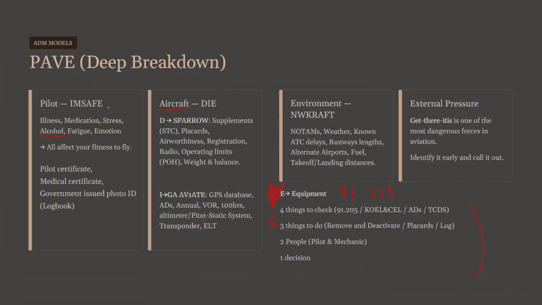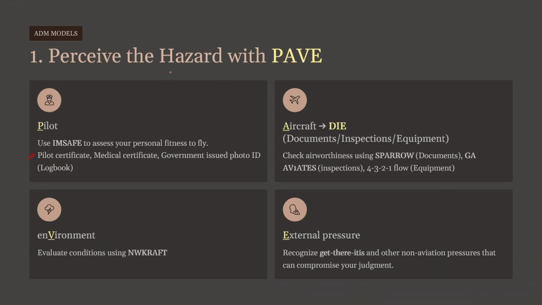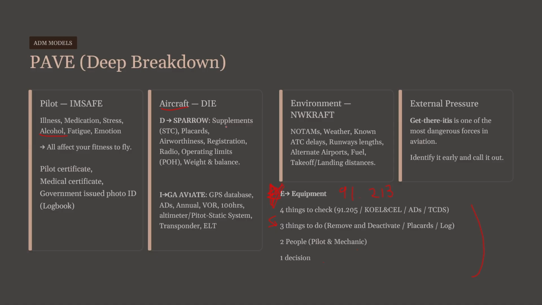So like the pilot, the aircraft, the environment, and the outside pressures influencing the decision. And I think that's what makes PAVE so useful to identify the hazard, to perceive the hazard. And because it helps prevent the pilot from becoming too focused on just one part of the flight while missing the bigger risk picture.